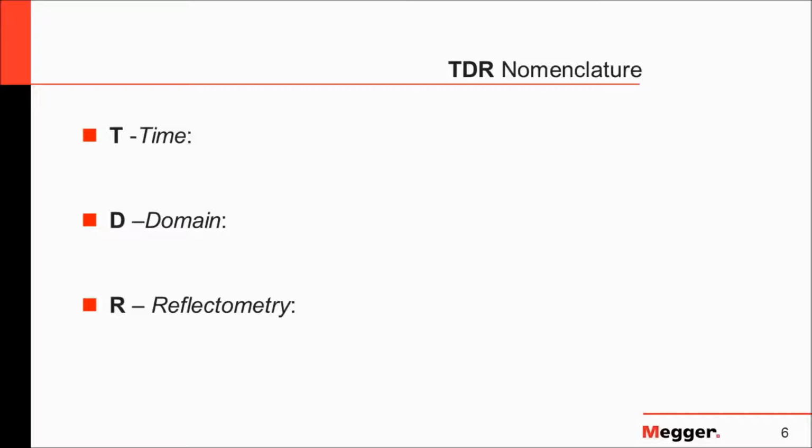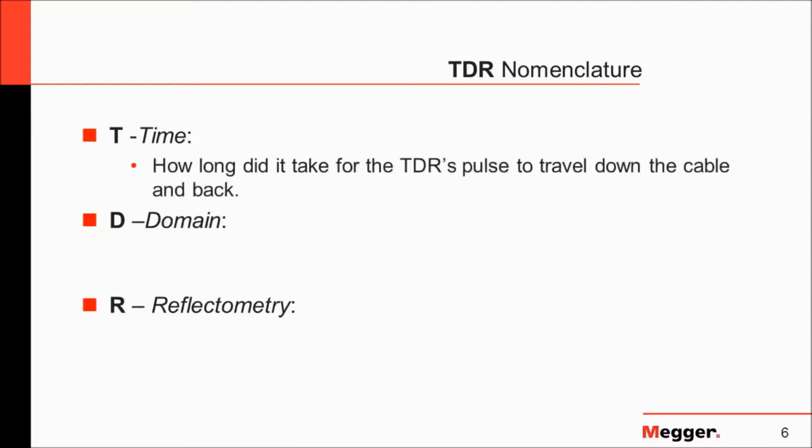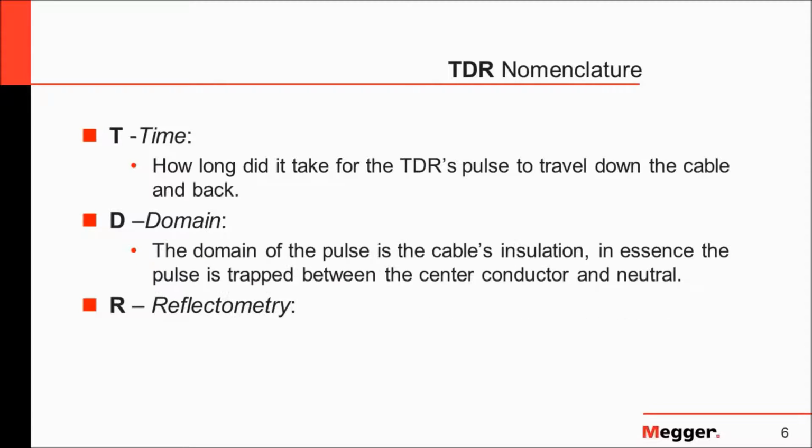If we look at the nomenclature for TDR, starting with T for time, the time is just how long did it take for the TDR's pulse to travel down the cable and back. Domain, unlike a radar or TDR out at an airport, whose domain is air, the domain of these particular TDRs is the pulses traveling down the cable's insulation.